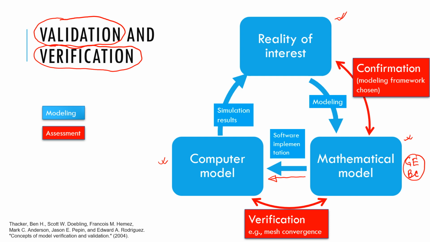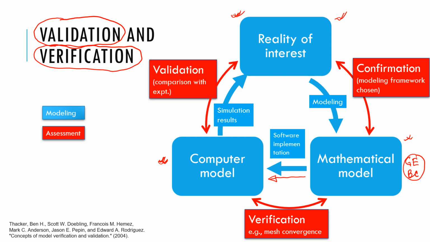Comparing the computer model's solution with reality is called validation. So that is our most important step. You notice the difference between validation and verification. Verified simply means that the computer is solving the mathematical model correctly, but it's still not being compared with reality.